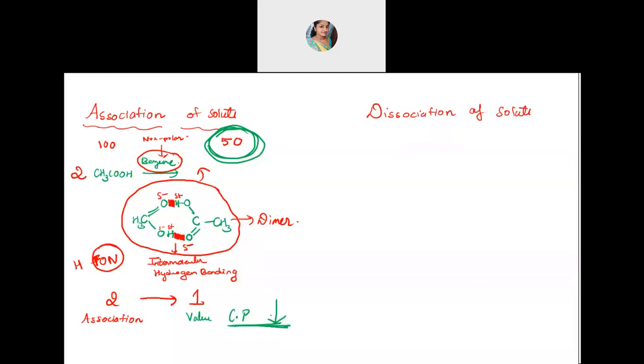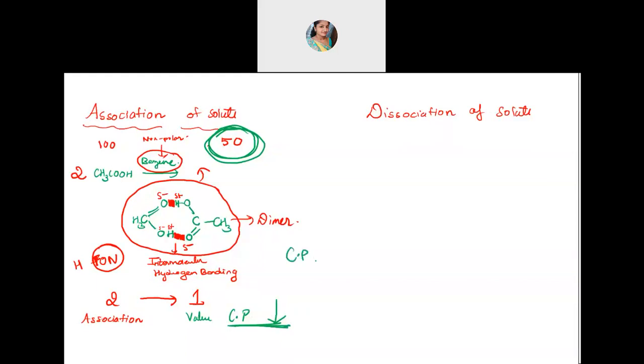Now what will happen to the molar mass that you are able to see? Initially we had the molar mass of one acetic acid molecule, but when they combine together, you will get the value for two acetic acid molecules. So what will happen to the molar mass, students? If the colligative property decreases, the molar mass will increase, and I told you that in the beginning also.